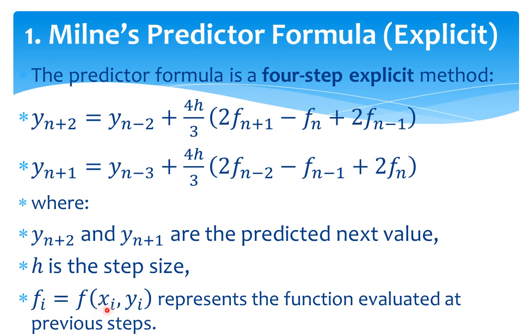Then we put in the values of x0 and y0 from the given initial value. After f0, we find f1. Then f1 equals f of x1, y1. Same process, you can see f1, f2, f3, f4. You can find them by the same process.